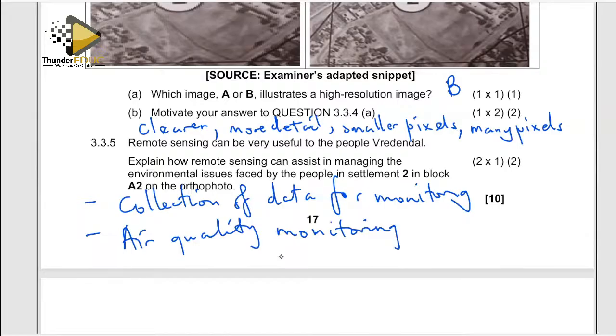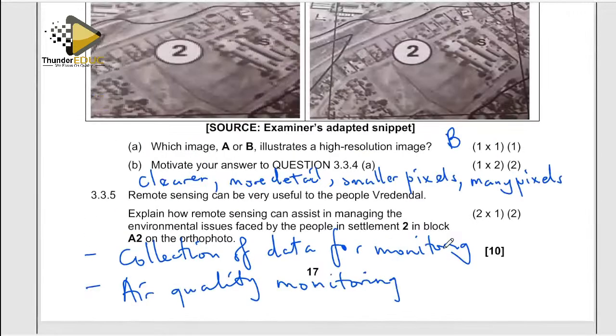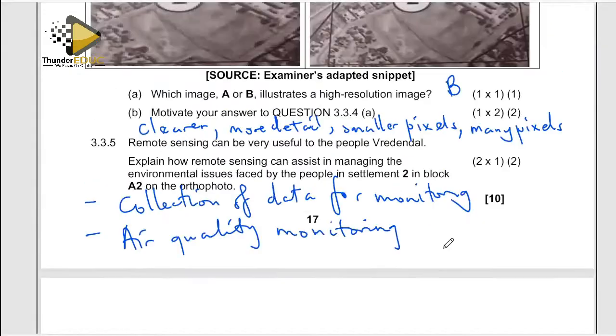Since it is close to the sewage works, we need to constantly monitor the air quality, and also collect data for monitoring purposes. Right. So basically, that is how they can benefit from remote sensing in that particular area.